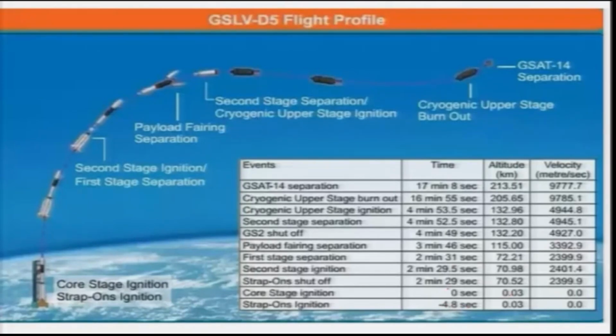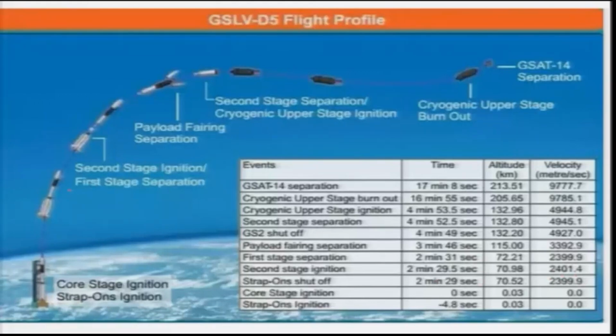The strap-ons will be separated out, as I told, at around 2 minutes 29 seconds at an altitude of 70 kilometers, by which it can reach a velocity of 2399.9, basically 2400 meters per second.